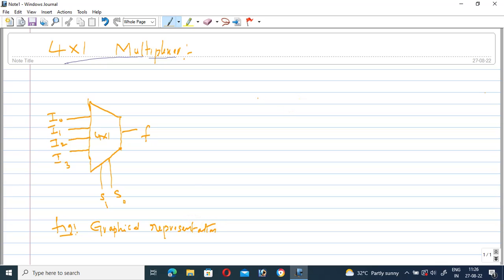So the basic criterion we know is that m is the number of selection lines and n is the number of input lines, so here we have 4 input lines. The basic formula is 2 power m equals the total number of input lines. So 2 power 2 equals 4 input lines.